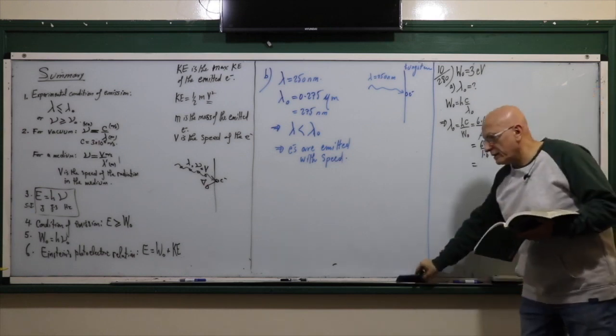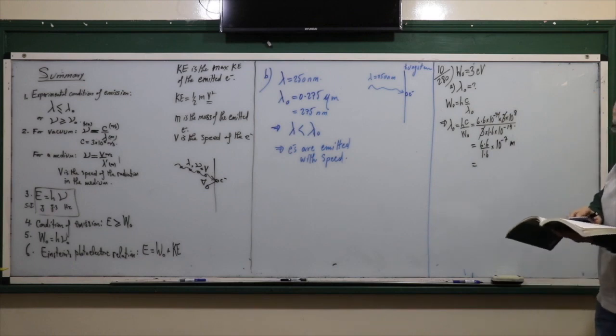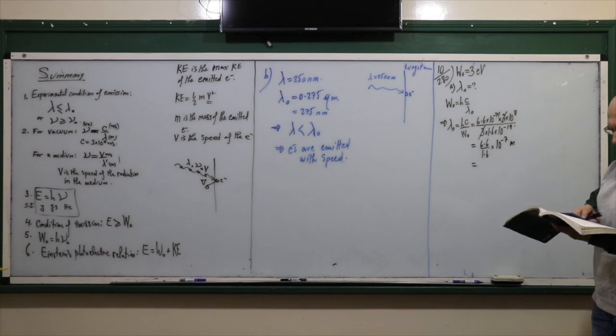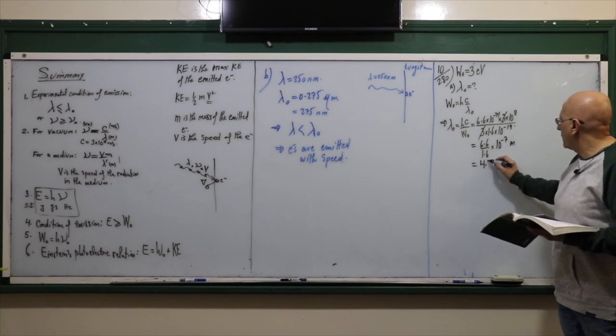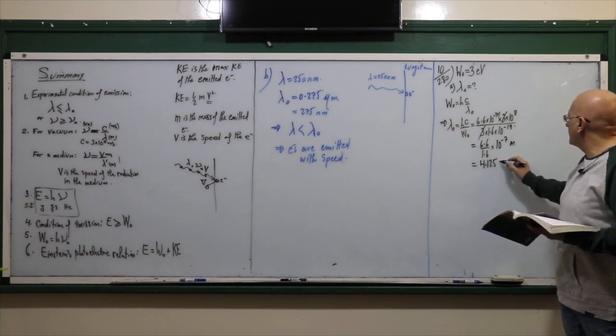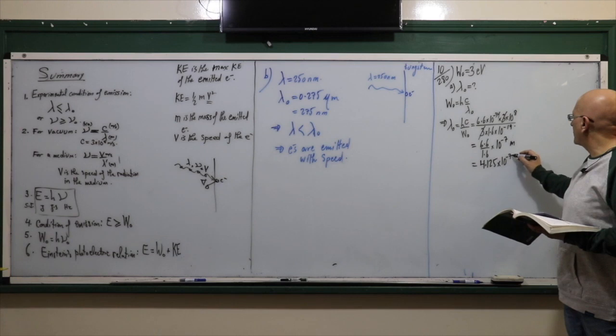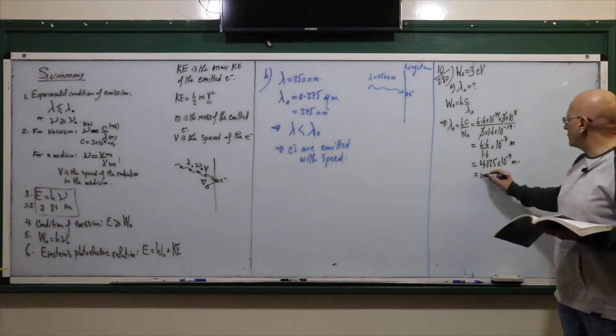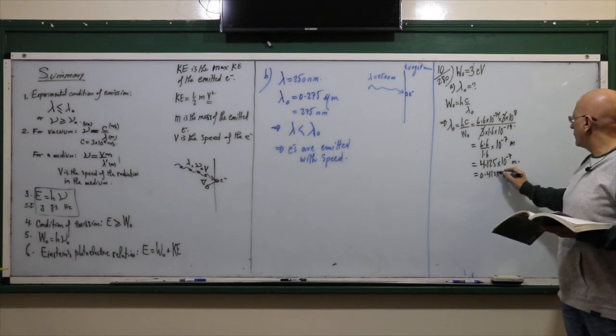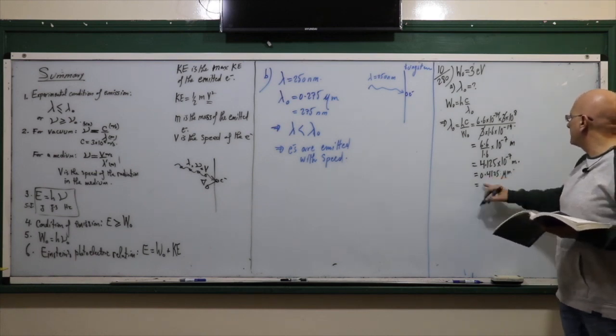So 6.6 divided by 1.6 gives 4.125 times 10 power minus 7 meter. Also here, change it, and you get 0.4125 micrometer.